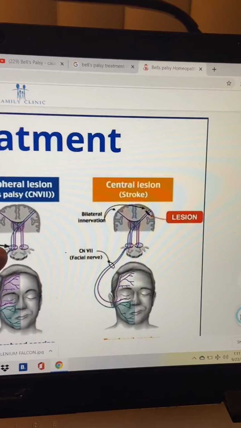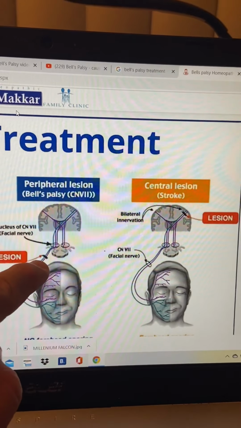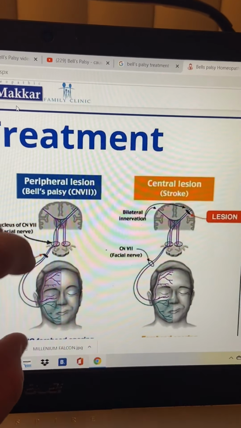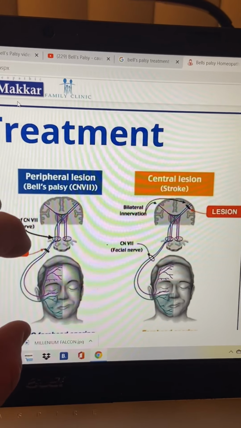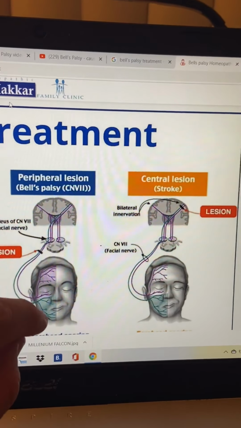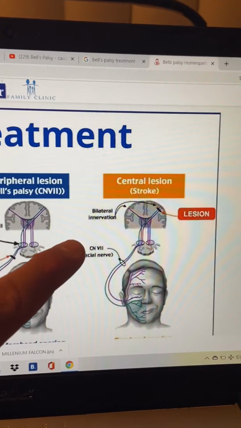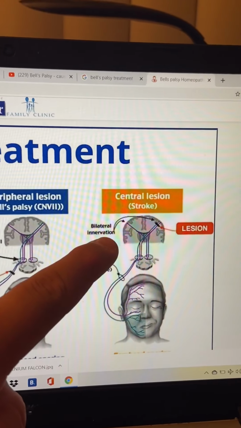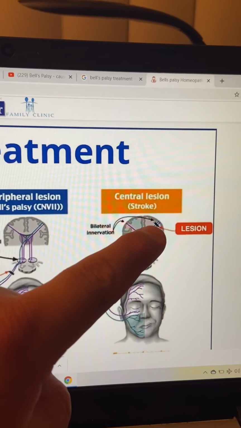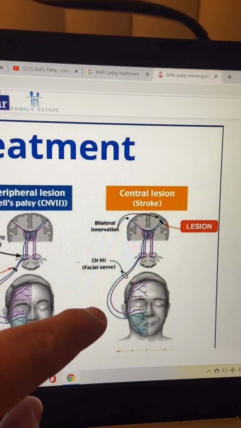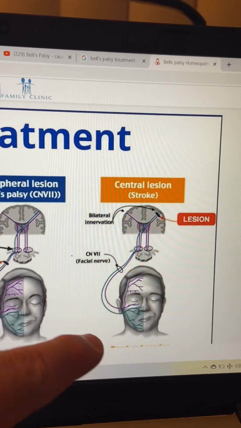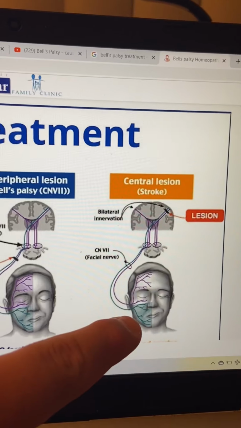And then the lesion will be lower than that. It'll involve both the upper and the lower side of the face. With the central lesion, aka the stroke, there's bilateral innervation. The lesion will usually be in the brain itself, and it will affect just the lower region of the face.